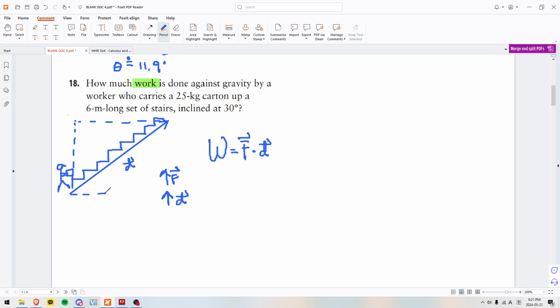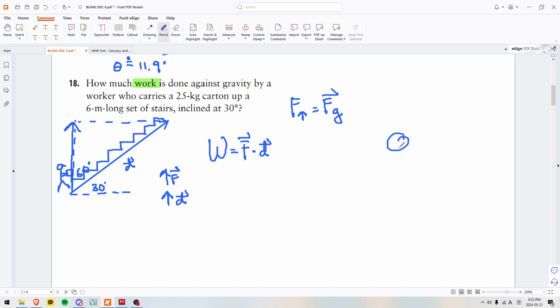It is inclined at 30 degrees, which means the angle between my vertical and my distance is going to be 60 degrees. With that said, remember my force is in the upward direction. Just what is that force? I am carrying a 25 kilogram mass, so my force upwards is going to be equal to the force of gravity. This is very physicsy, and I don't blame you for not knowing if you've never taken physics.